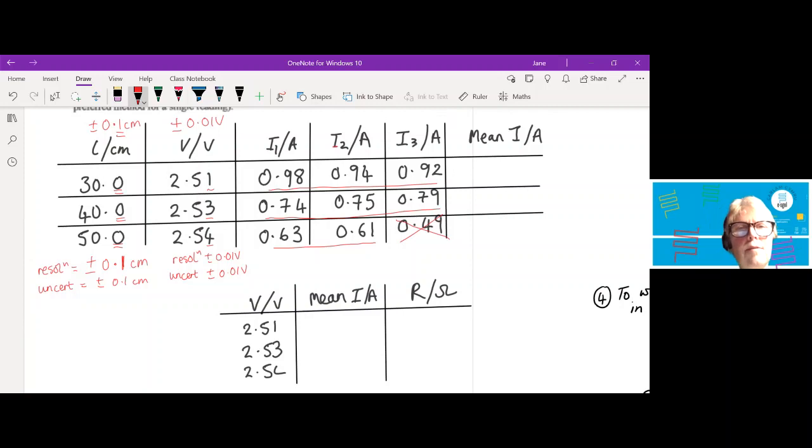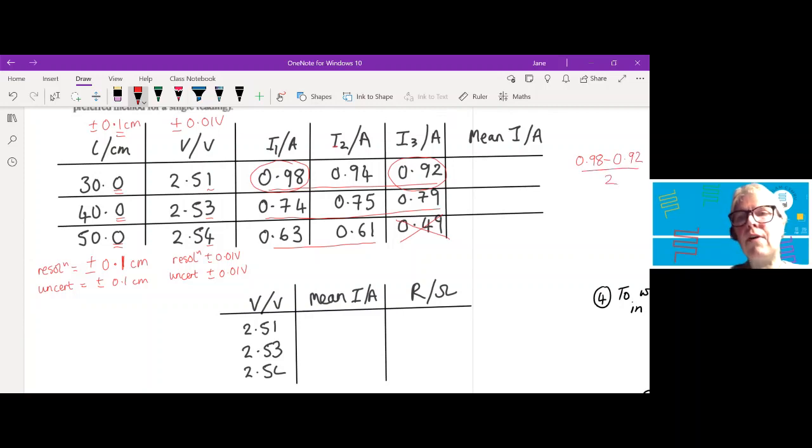Now, what I do for the uncertainty in repeated readings is take the maximum, take the minimum, find out what the range is, so 0.98, take away 0.92, and then halve it.